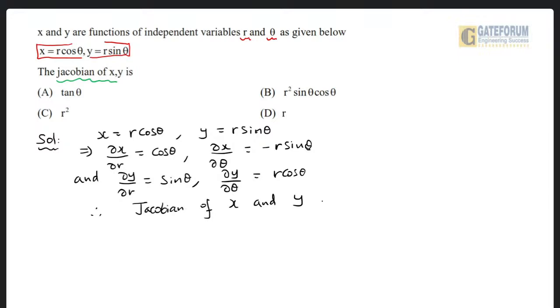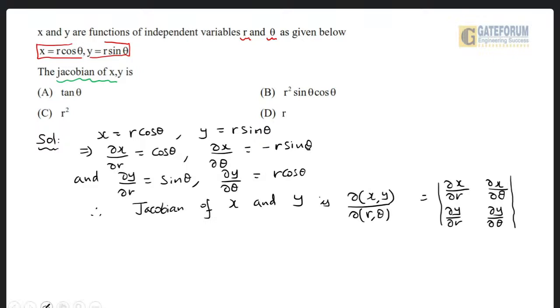What I am deriving is dou of x comma y divided by dou of r comma theta, which is a 2 by 2 determinant having 4 partial derivatives. The first row x partial derivatives with respect to r and theta. Second row y variable partial derivatives with respect to r and theta. So this is the Jacobian formula.